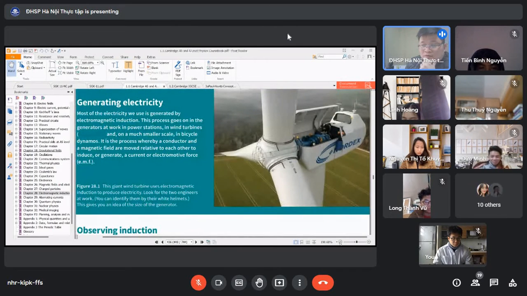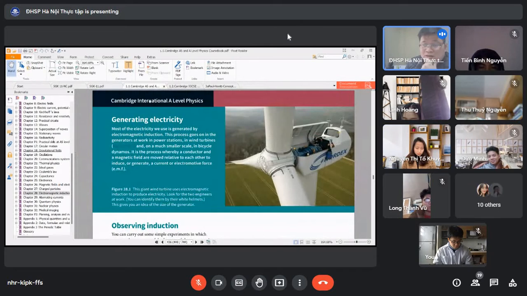So for instance, in this AS level, you know that the situation is not something like what we have just explained. It often goes directly to the things in reality. In this case, it's the wind turbine. So it's really the things nowadays very important and become more and more popular for students.